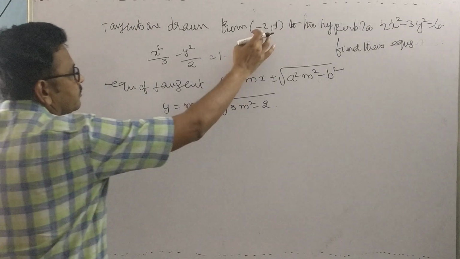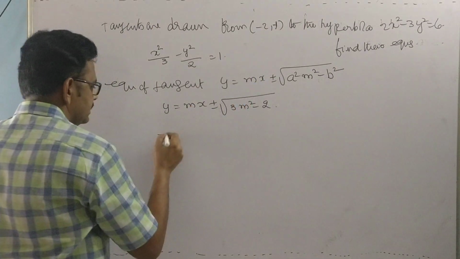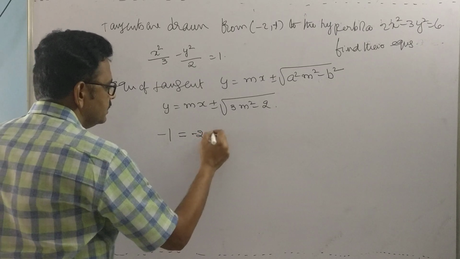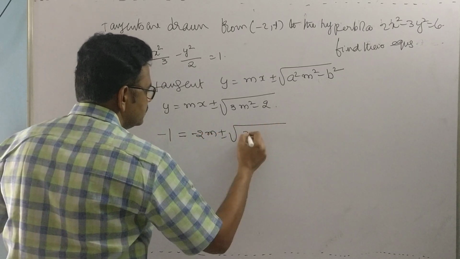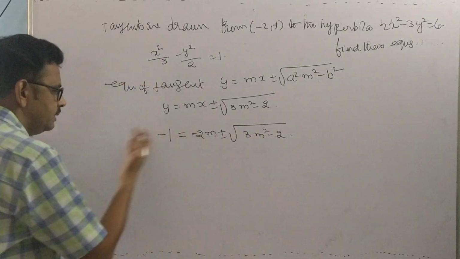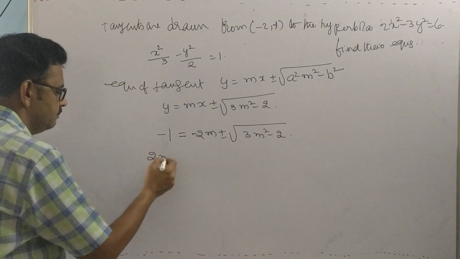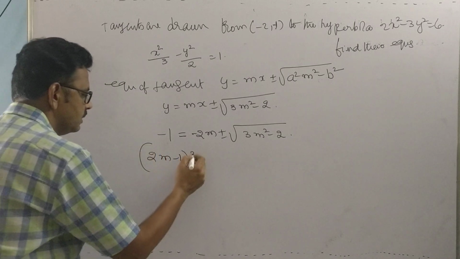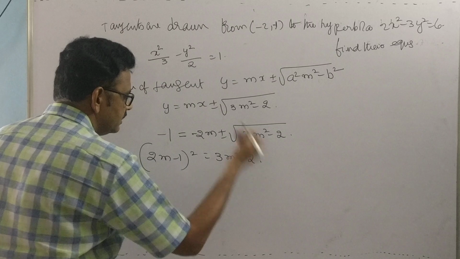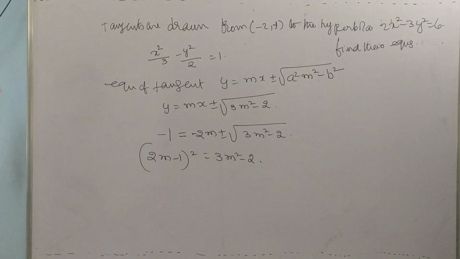It passes through the point (-2, -1), so -1 = -2m ± √(3m² - 2). Take this side, -2m - 1... and squaring on both sides gives 3m² - 2.